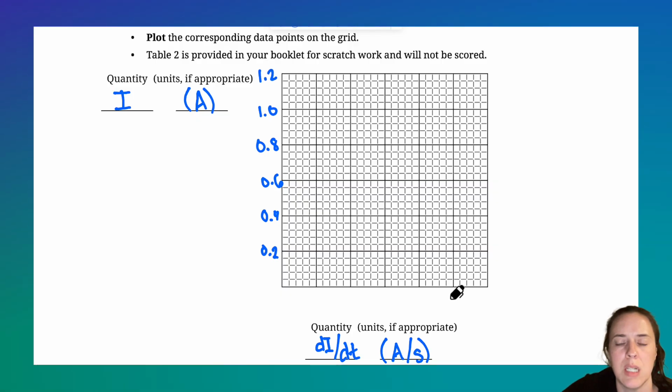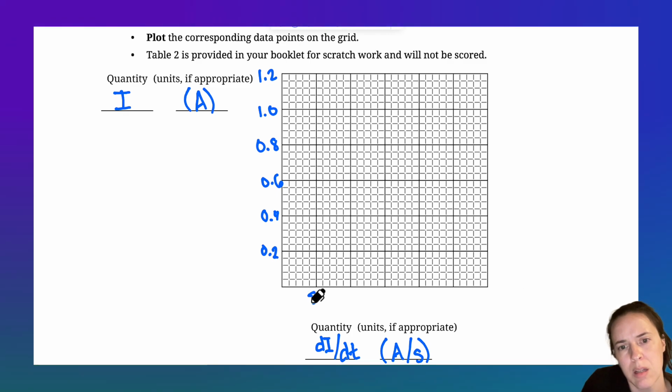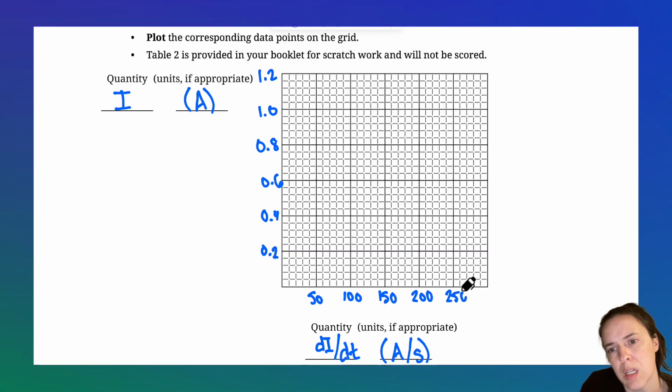And then on my di dt, I went up to 280. So I could do like by 50s. So I could do 50, 100, 150, 200, 250, and 300 over here.